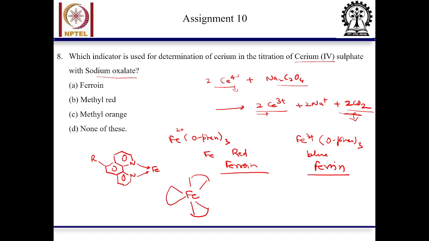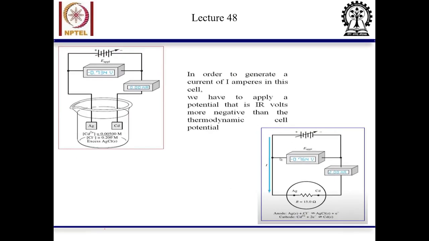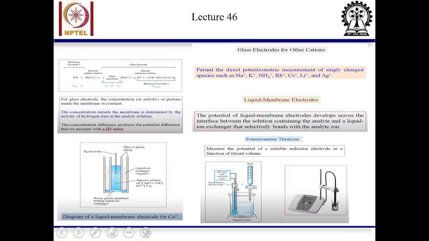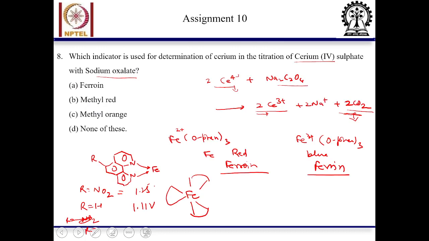Yeah. Suppose R is NO2. First of all, if R is H, it will be 1.11 volt. If your R is NO2, the potential is 1.25. And if R is CH3, its potential is 1.02.